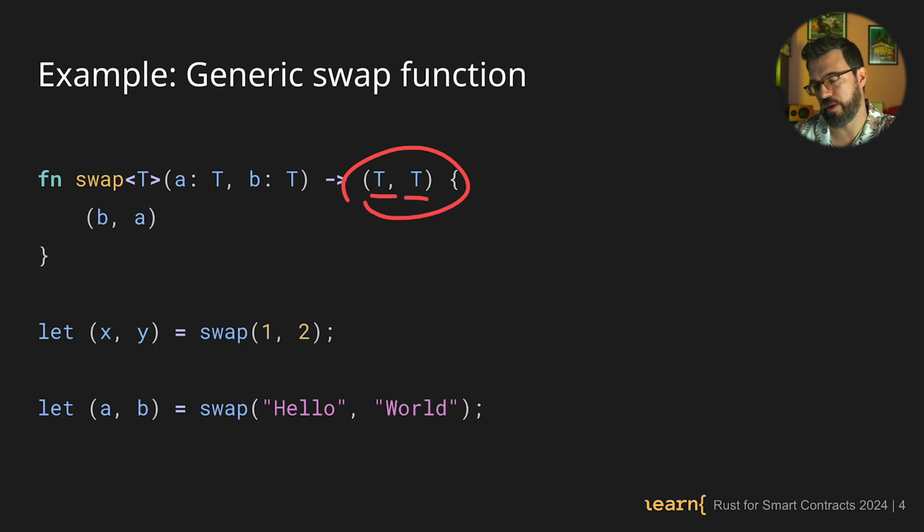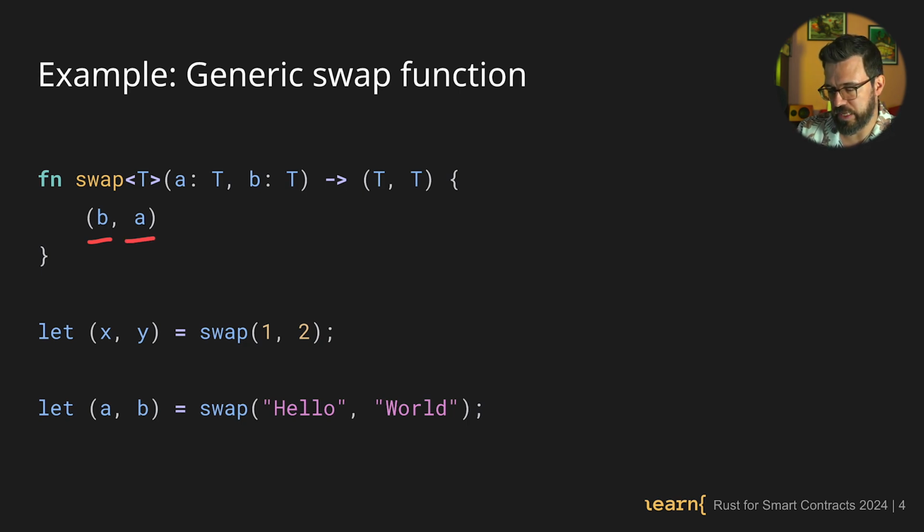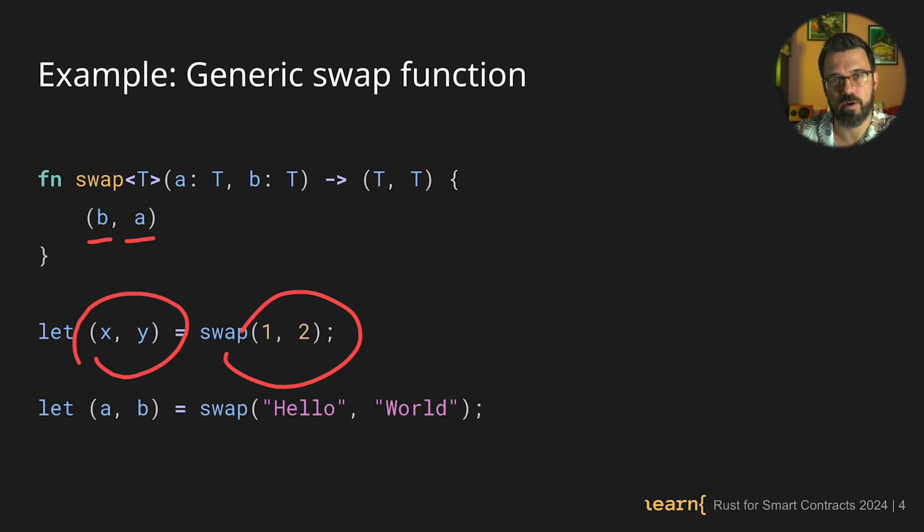Okay, so if I'm passing in two numbers here, the arguments are T, then it will return a tuple of T and T. Okay, so we'll return two numbers as well. Here I return B and then A. All this is doing is taking the two values and swapping them, no matter what they are.